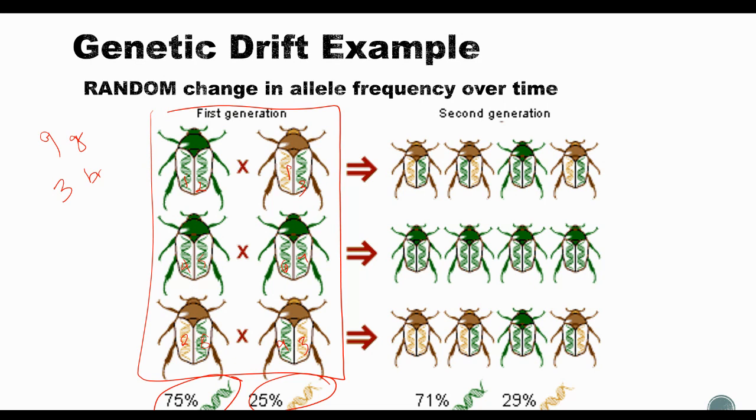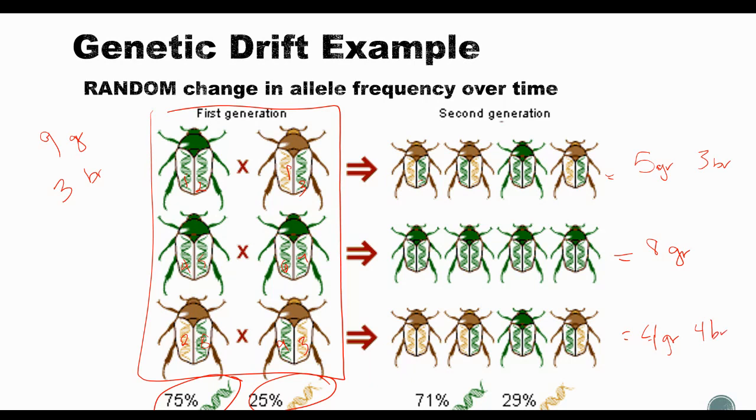Now in our second generation, the children, we're going to count up their alleles. So here we have 8 green, just going to be easier than counting them one at a time. Here we have 1, 2, 3, 4, 5 green, which leaves us with 3 brown. And then here we have 1, 2, 3, 4 green and 4 brown.